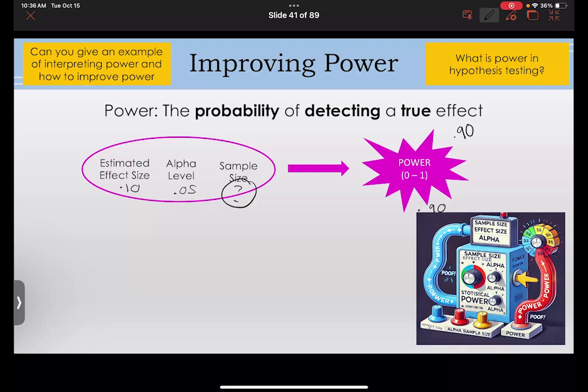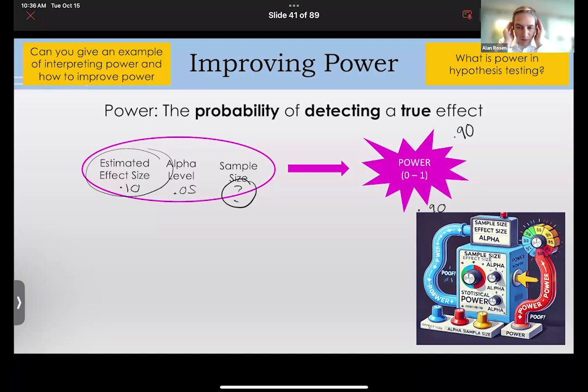Technically when we're calculating power, it's done on the front end, so the effect size we're using is not our actual effect size, it's an estimated effect size. But if you think about what makes up effect size, spread is in there. Spread is also in standard error, which is in confidence intervals. So that's the abstract relationship, but the spread is different because one is a priori and one is post calculation.